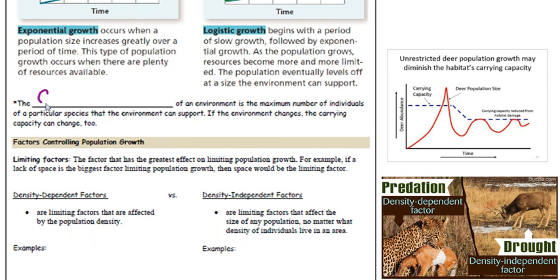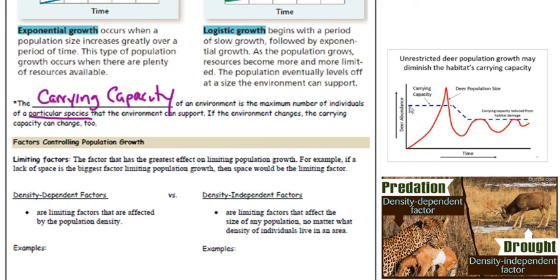So our carrying capacity is the maximum number of individuals of a particular species that the environment can support. It can change. As we see over here, an unrestricted deer population growth may diminish the habitat's carrying capacity.